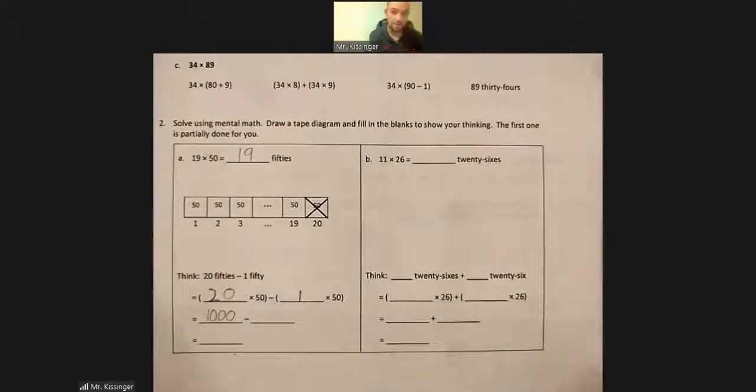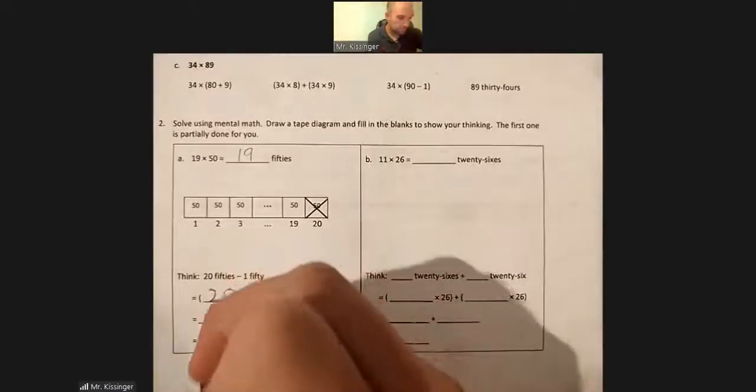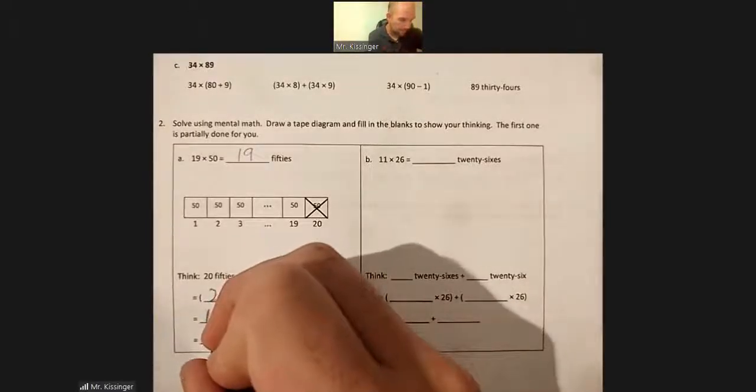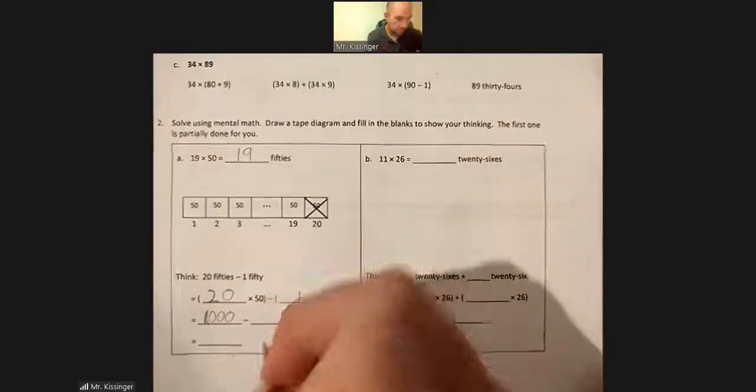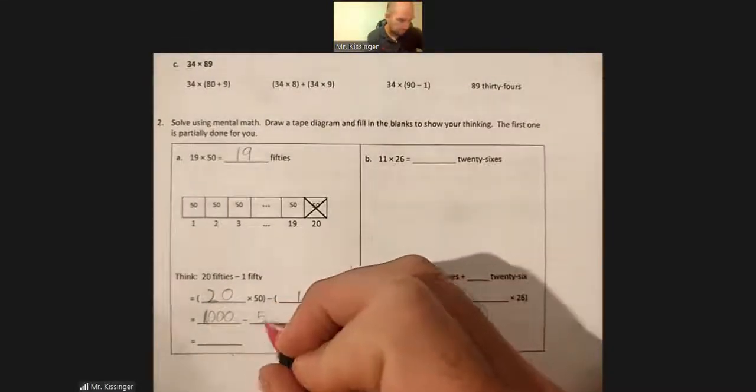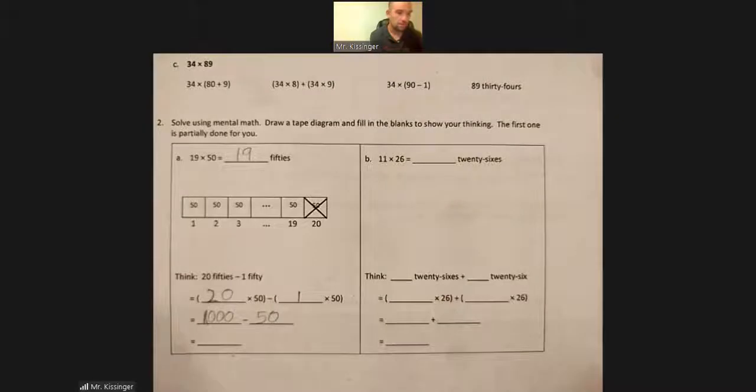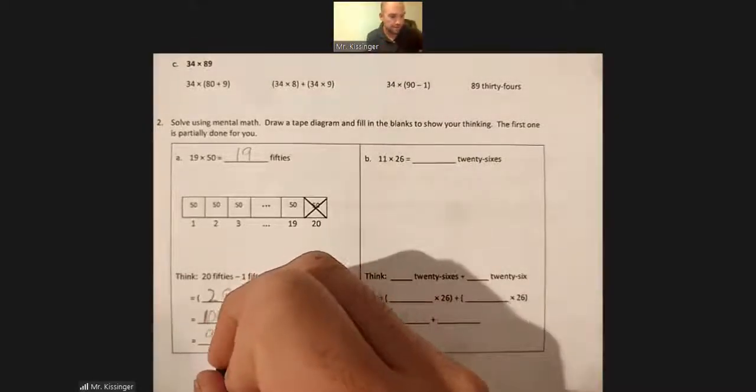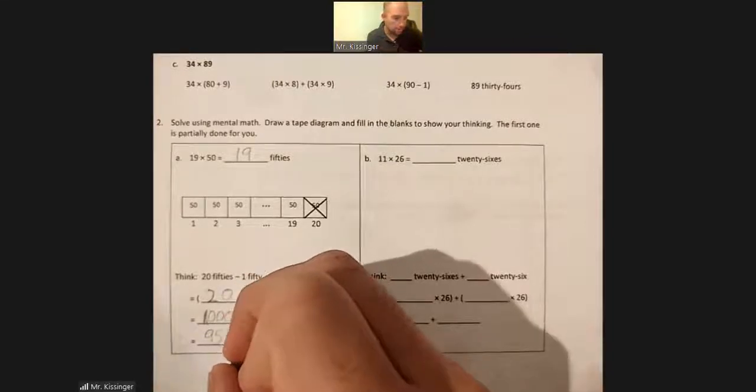We get 1,000. 1,000 minus 1 times 50, which is 50. So 1,000 minus 50 gives us 950.